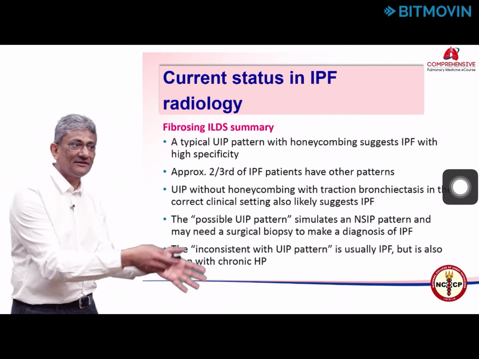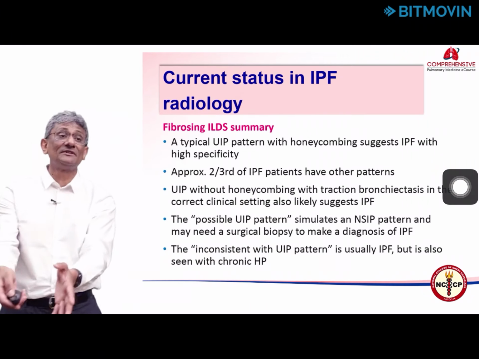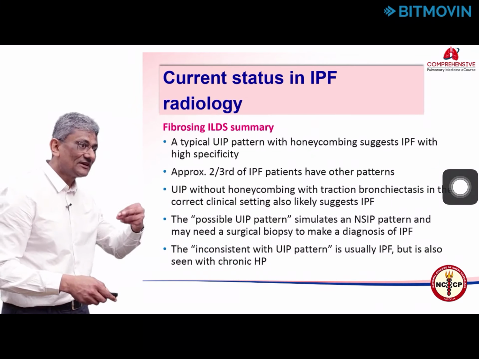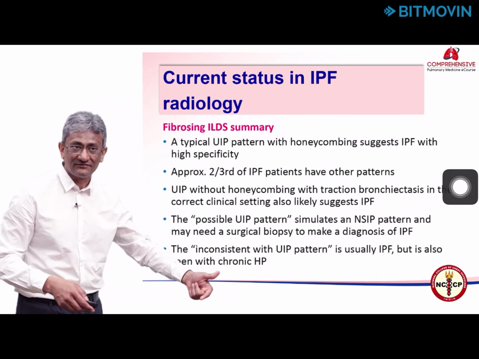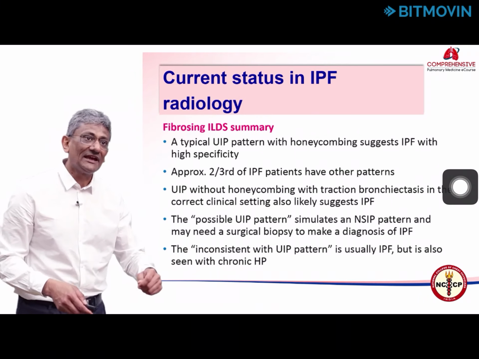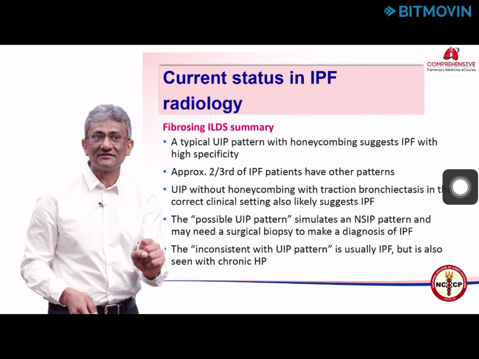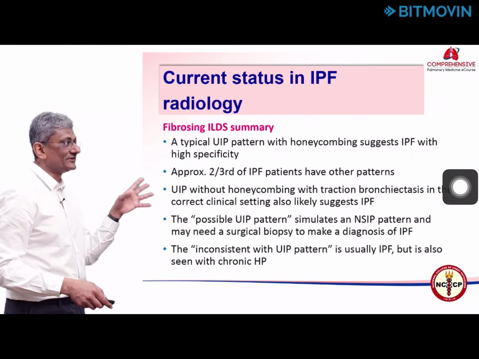So if the patient has IPF, we know that there are drugs we can give. If the patient doesn't have IPF, then we would not give drugs, and therefore it becomes even more important than ever before to be accurate, or to say that I don't know, therefore the patient requires a surgical lung biopsy. So let's summarize.